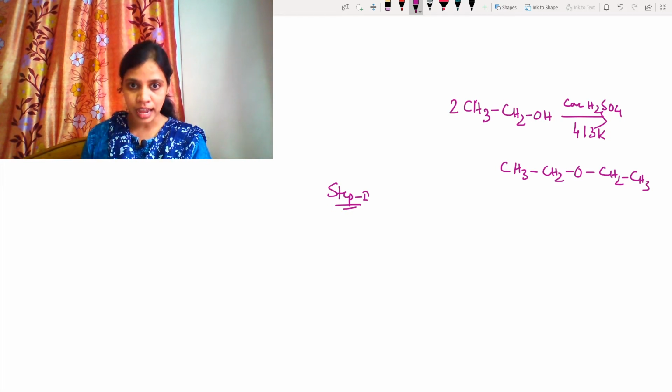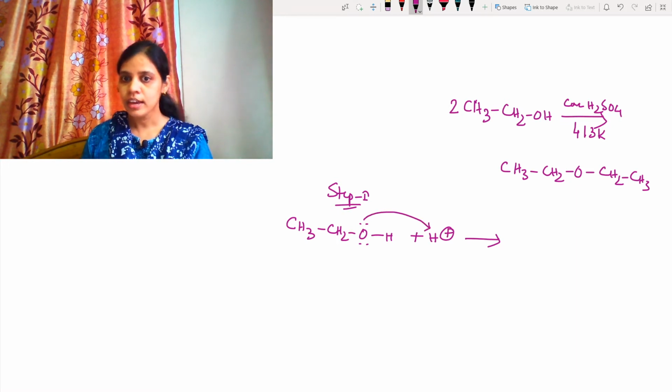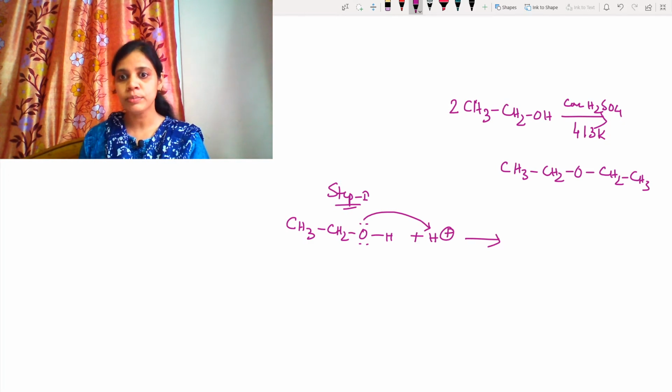So I write the alcohol, CH3CH2OH. You know oxygen has 2 lone pairs. When it reacts with a proton, there will be a nucleophilic attack from this alcohol molecule to the proton, and this alcohol molecule gets protonated.